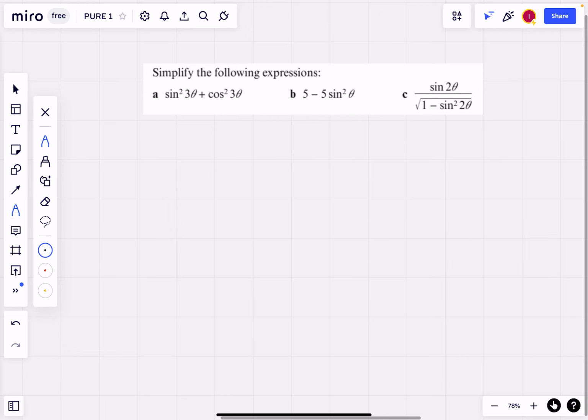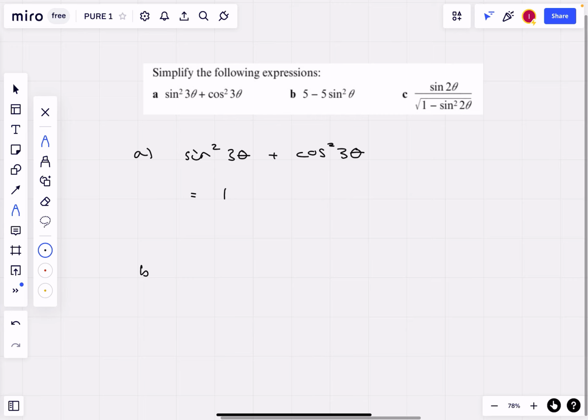Whether it's 2 theta or 3 theta or 200 theta, doesn't matter. So for A, your answer: if you simplify this, you just get 1.